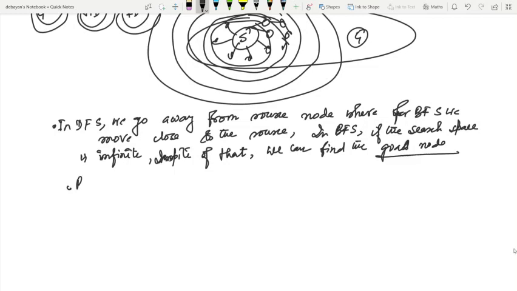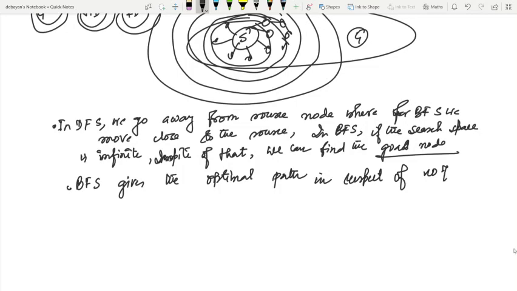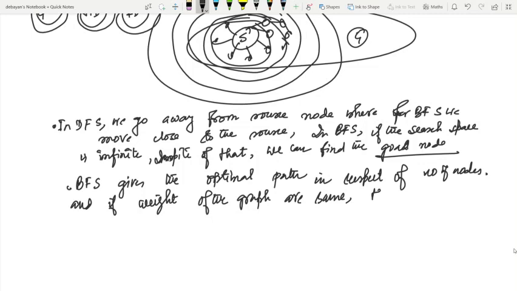So BFS gives the optimal path in respect of number of nodes, and if the weight or cost of the graph is the same, then it gives optimal cost.